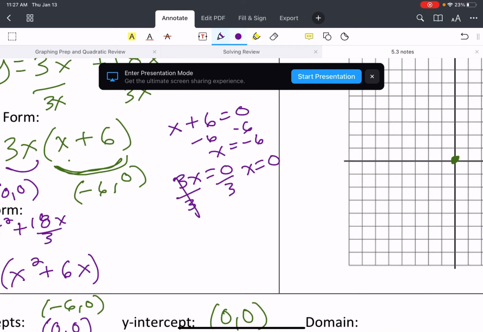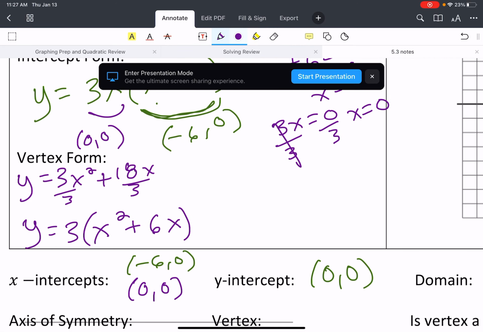So now I'm going to come in and cut my middle in half. This one's going to get tricky. Make sure if you have questions, let me know. What's 3 times 3? 9.